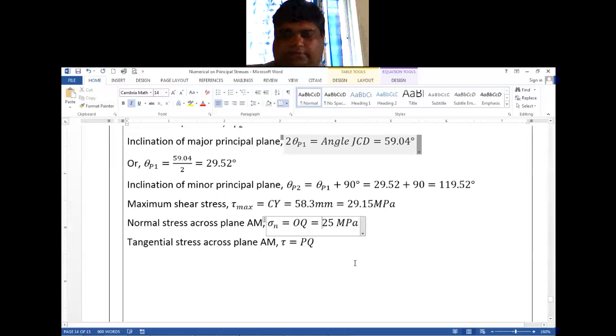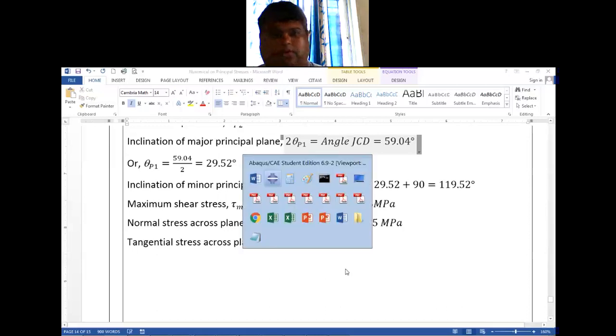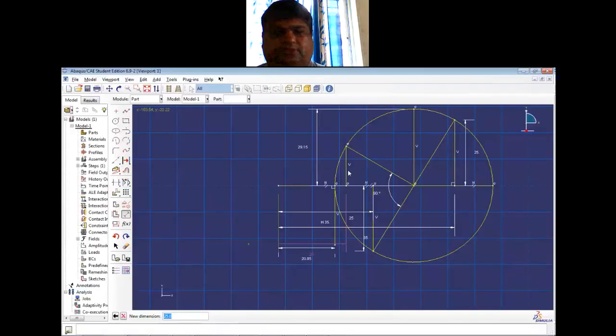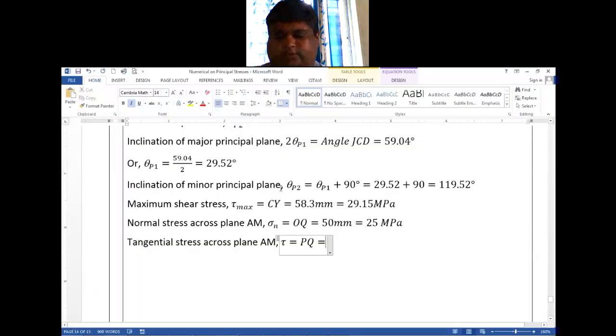That is PQ. Let us measure this. That is 15. It will be 30 mm equal to 15 megapascal.